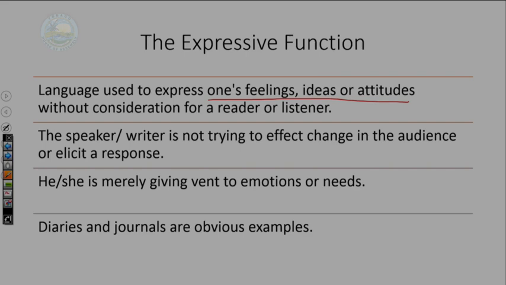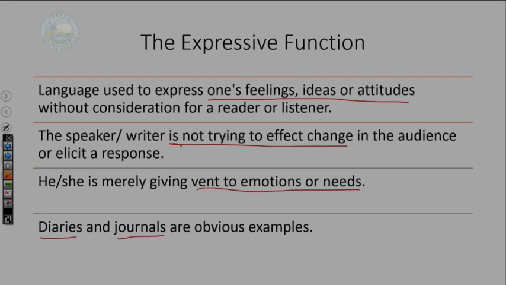The speaker or the writer is not trying to affect change. You're not trying to affect change in the audience or elicit a response. You are just sharing how you feel. He or she is merely giving vent to emotions or needs. And this is the kind of writing that we can find in diaries or journals.